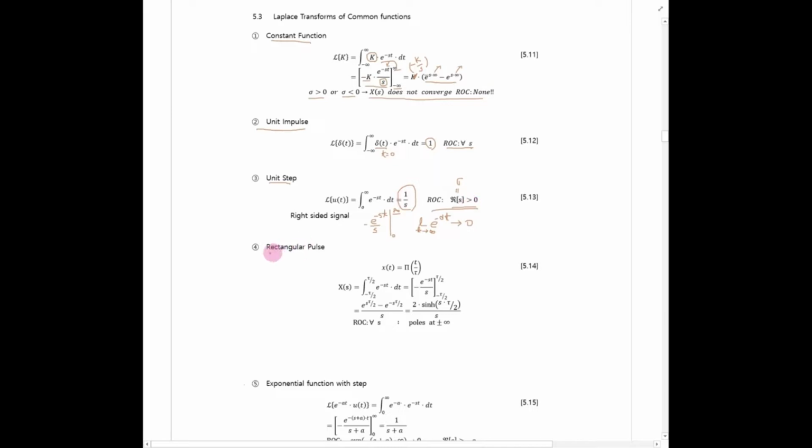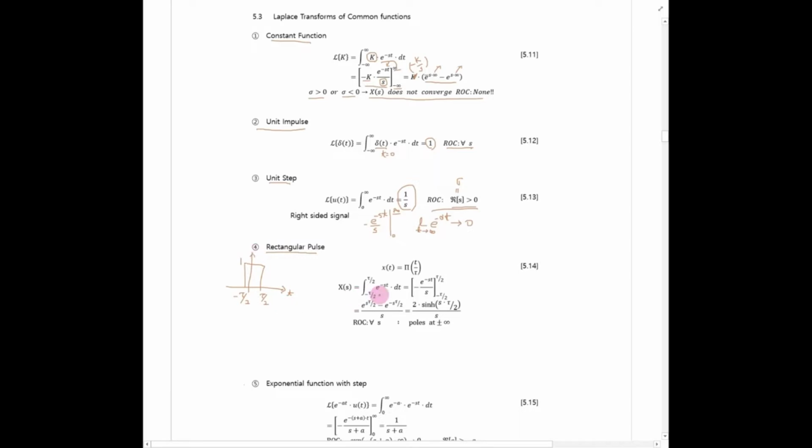And the rectangular pulse is a finite duration one. You know that this rectangular signal looks like this, from minus tau over 2 to tau over 2. The magnitude is 1. So we take the Laplace transform of this one.